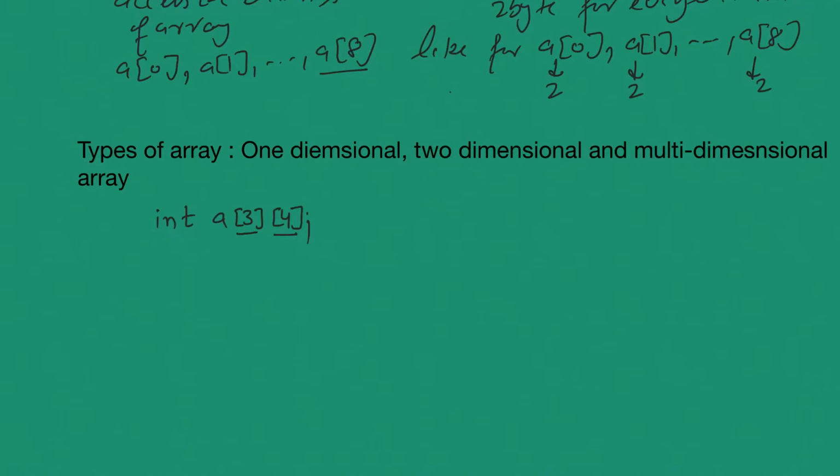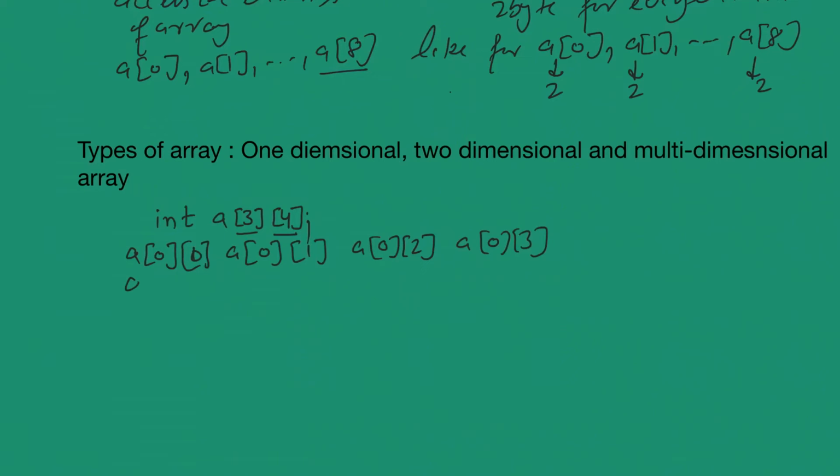If we want to access the elements of this array, it will be a00, a01, a02, a03, up to one less than the size, starting with 0. The second index is also starting with 0.